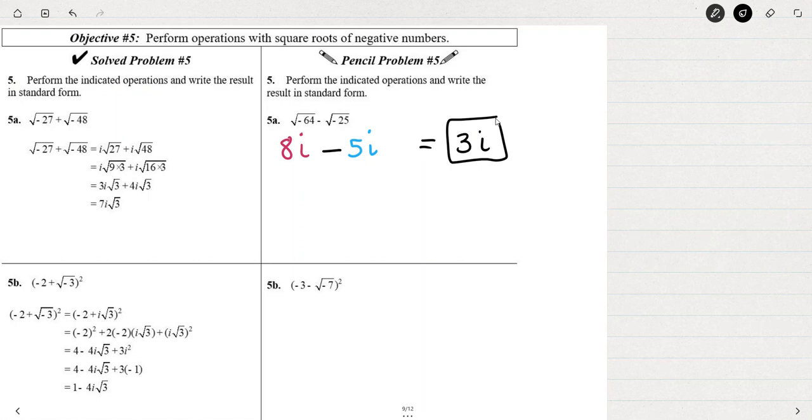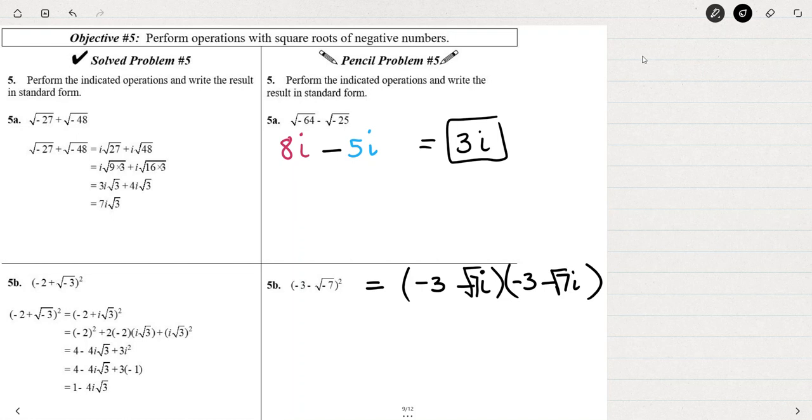Are you familiar with 5b, this negative 3 minus the square root of negative 7, squared? Do you see how I could start by changing that to negative 3 minus the square root of 7 i. But when I square that, it's the same thing as multiplying it by itself. Negative 3 minus the square root of 7i times negative 3 minus the square root of 7i.